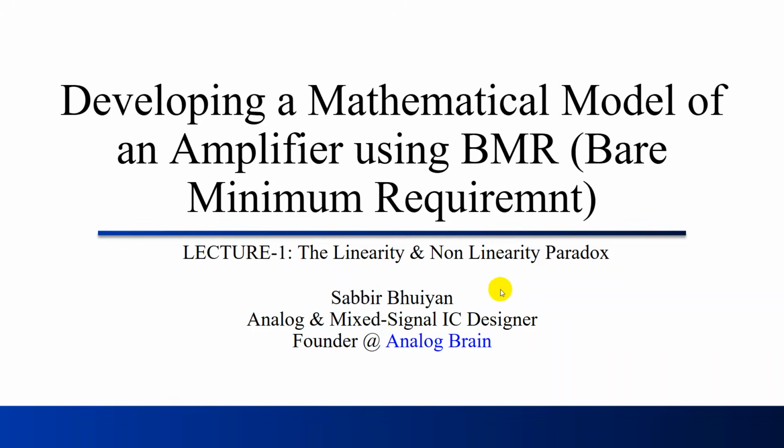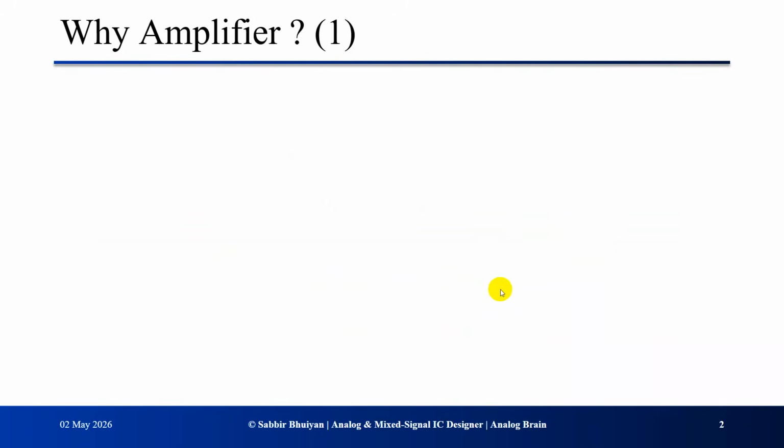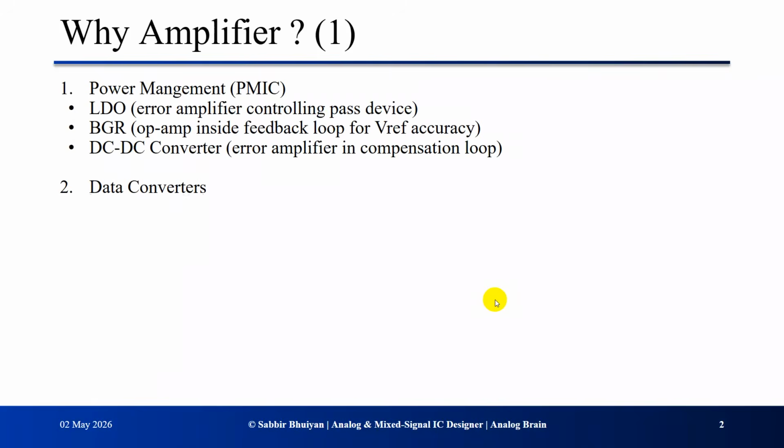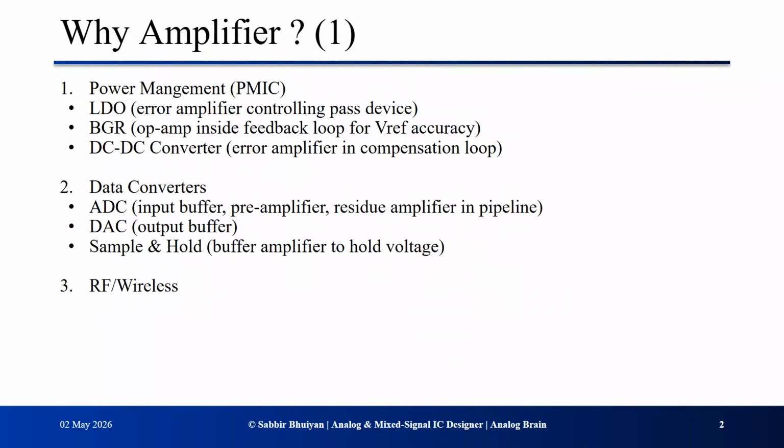Let's get started. Before we define what an amplifier is, let's answer a simpler question. Why do we even care about amplifiers? Look at this list. The point is, amplifiers are not just one block in one system, they show up everywhere in analog design.